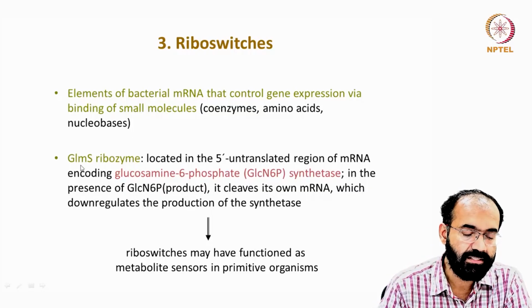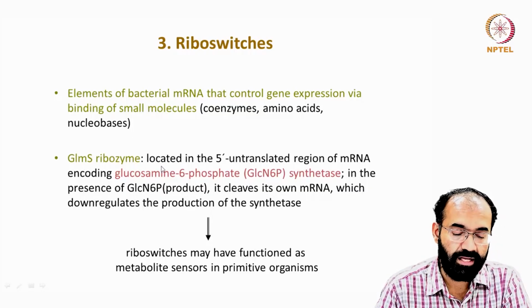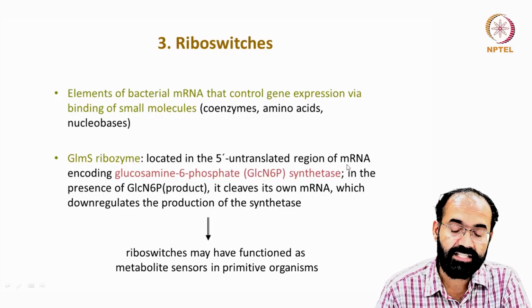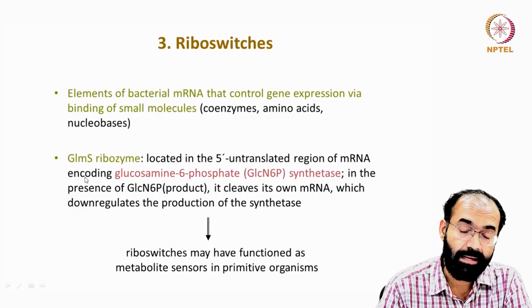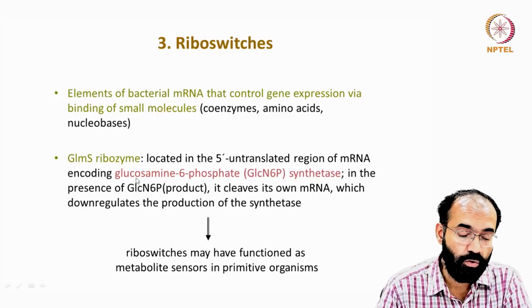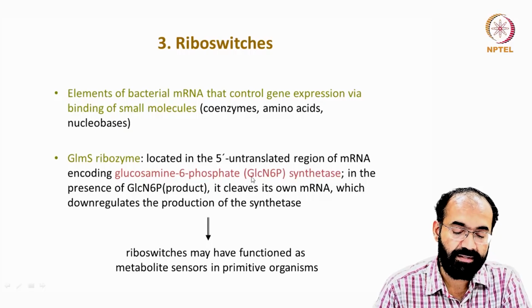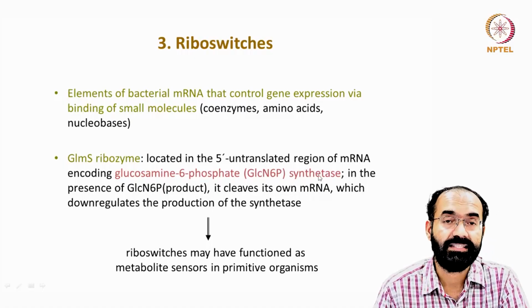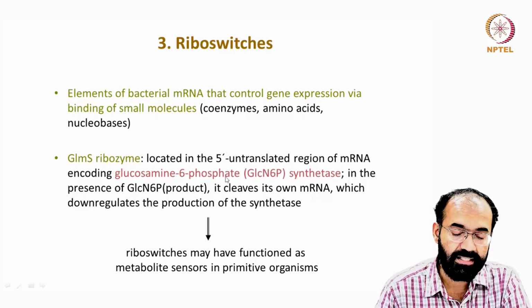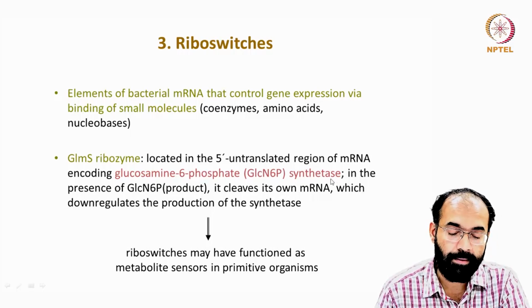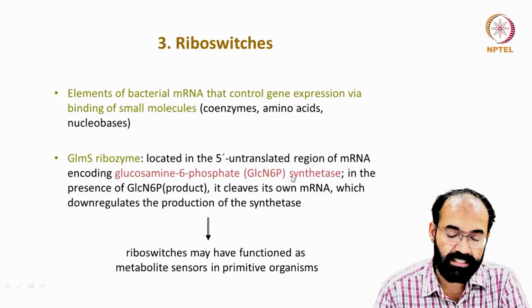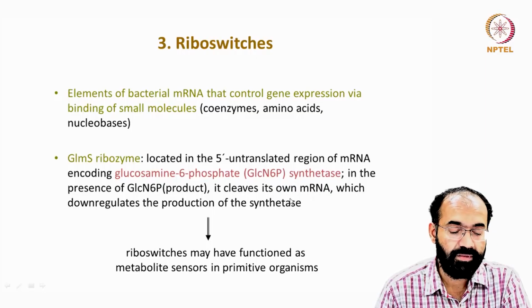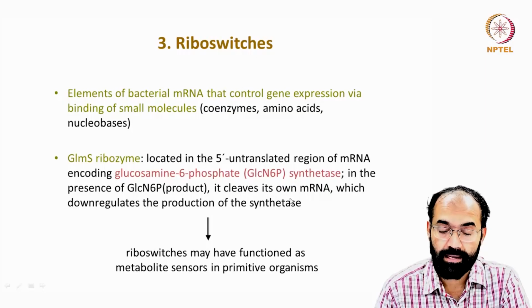One example is the GlmS ribozyme, that is located in the 5' untranslated region of an mRNA. That mRNA codes for glucosamine-6-phosphate synthetase, abbreviated as GlcN6P synthetase. So glucosamine-6-phosphate synthetase is the enzyme whose 5' untranslated region has this GlmS ribozyme.